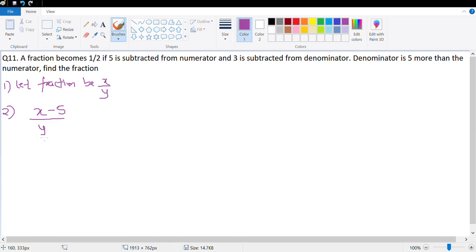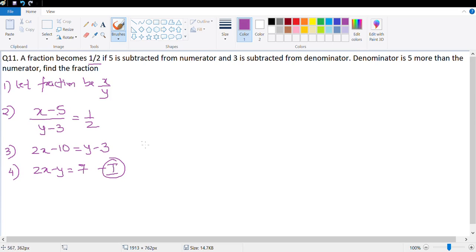So x minus 5 upon y minus 3 is equal to half. Perfect. Cross multiply. 2x minus 10 is equal to y minus 3. 2x minus y is equal to negative 3 plus 10, that's 7. So that's our first equation. 2x minus y is equal to 7.